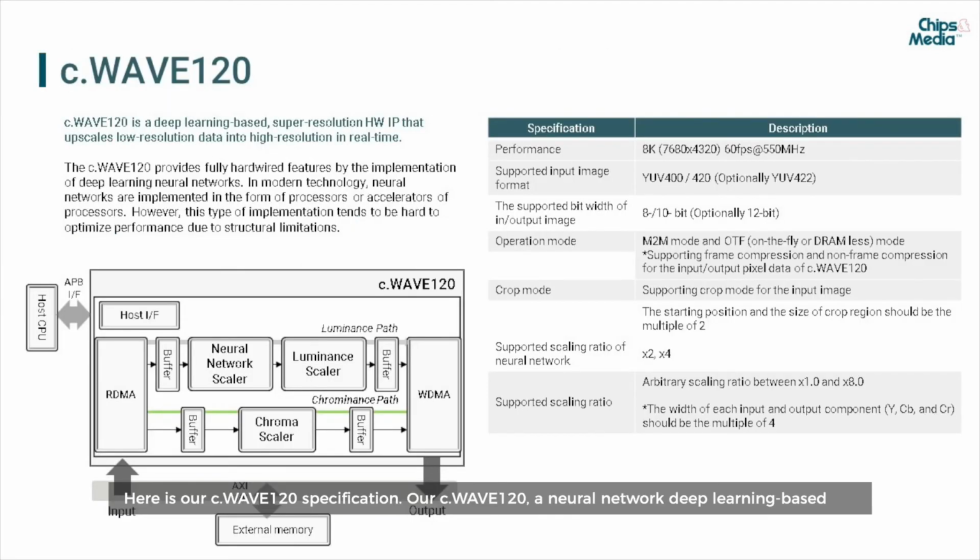Here is our C-Wave 120 specification. Our C-Wave 120, a neural network deep learning-based super resolution hardware IP, supporting 8K resolution 60 frames per second at 550 MHz. Supported input image formats are YV400, 420, and 422, with a bit width of 8, 10, or 12 bit.